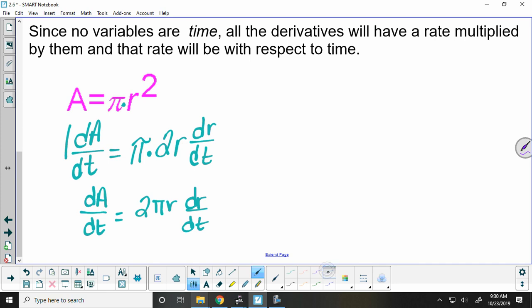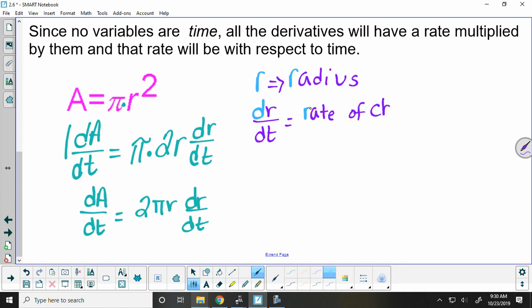All right, so let me get you started with this one. I have a variable r. What does r represent? This is the radius. When I say define, it's not tell me what number it is. Let's define what dr over dt means. This is the rate of change of the radius with respect to time.